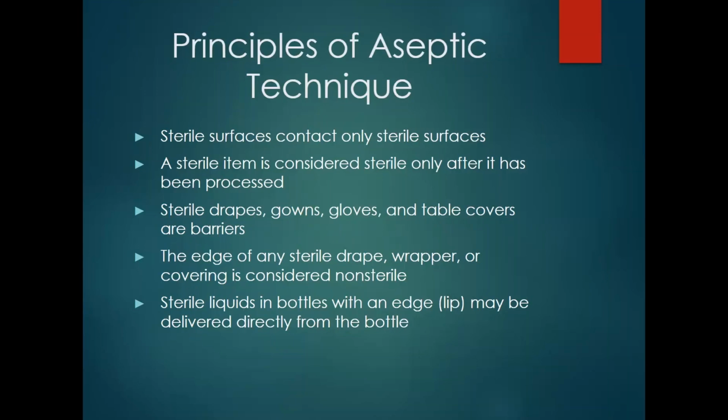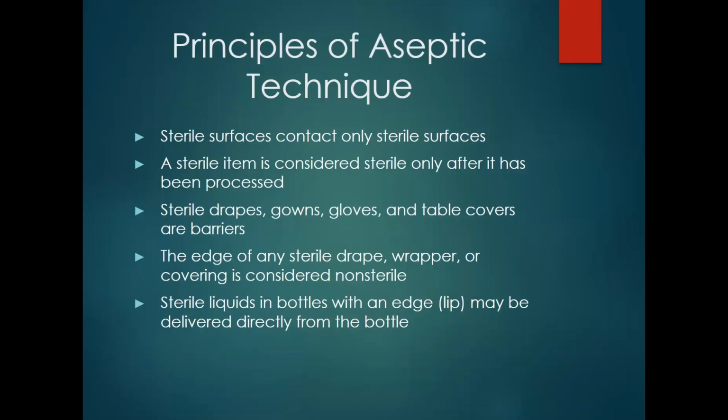So the item must not touch the edge. So there, we use a special technique, which we call flipping items onto the sterile field. So we don't slide them off the wrapper, we actually flip them onto, let's say, a basin or the back table so that they don't touch those edges of the wrapper because they're not considered sterile.